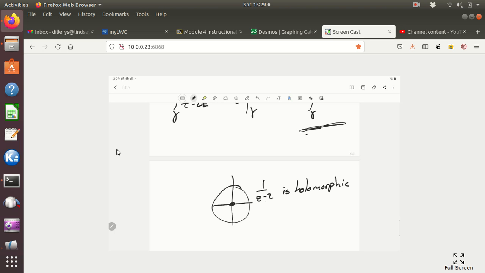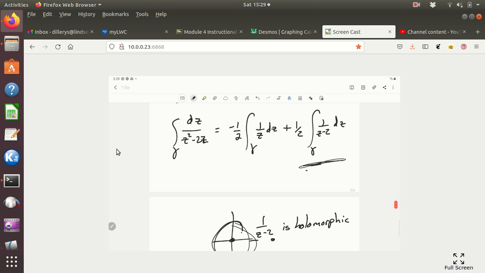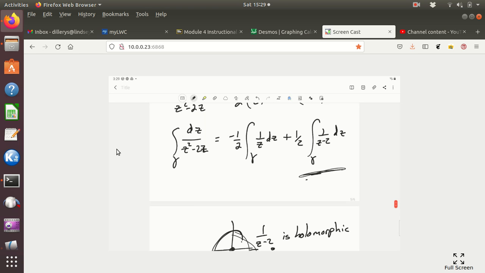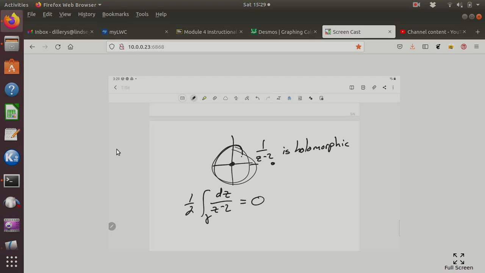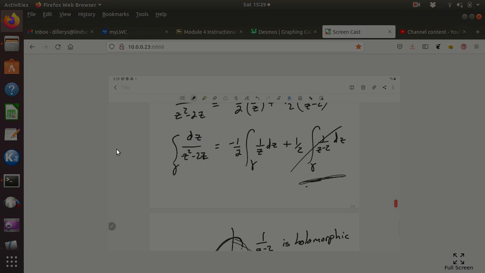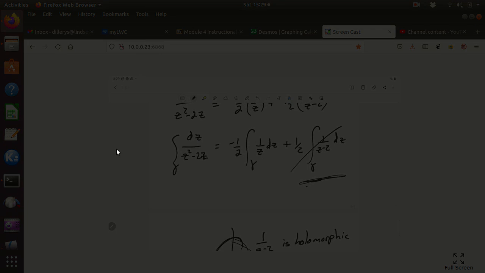And where it wouldn't be any good is out here at 2, 0. But in here, it's totally defined everywhere, has a great derivative everywhere. And so what that means is that 1/2 the integral over gamma of dz over z minus 2 is equal to 0. Okay, so that was easy enough. Boom, that one's gone.